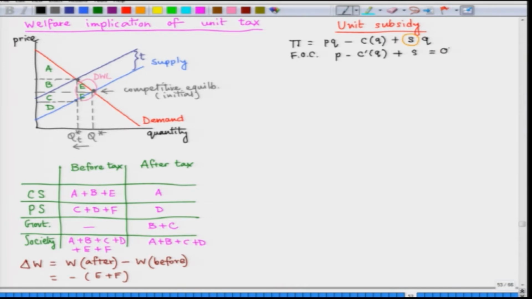So, now note that this first order condition which I am denoting by asterisk can be written in two alternative ways, right. Okay. So, alternative number 1 is price equal to marginal cost minus the unit subsidy, okay. And the second alternative to write the same first order condition would be price plus the unit subsidy level equals to the marginal cost. Okay. So, now note at these two alternatives, right.